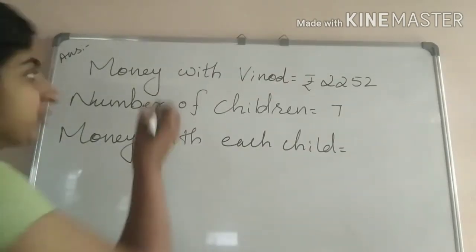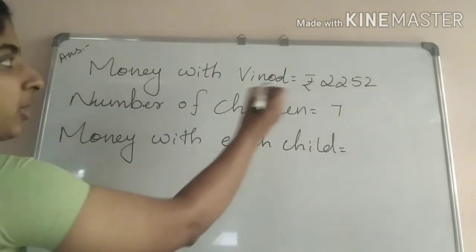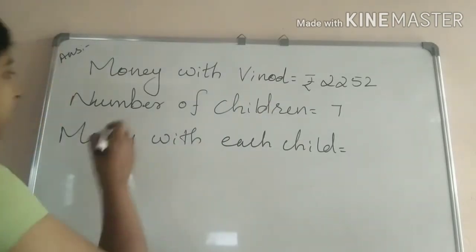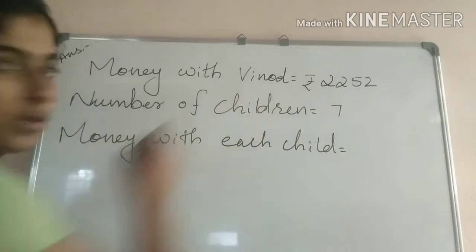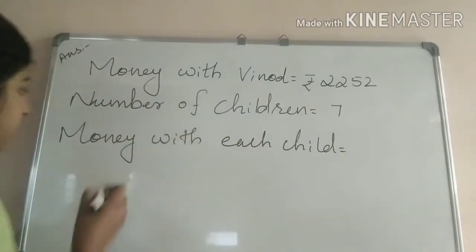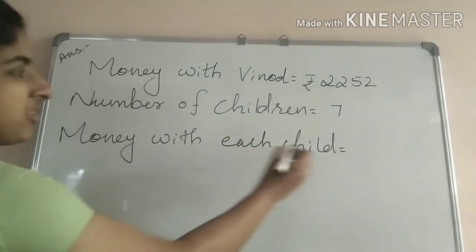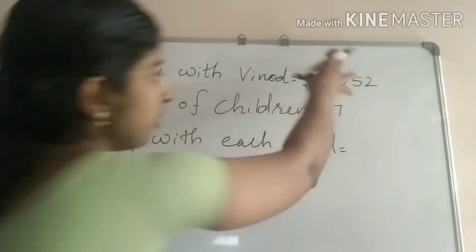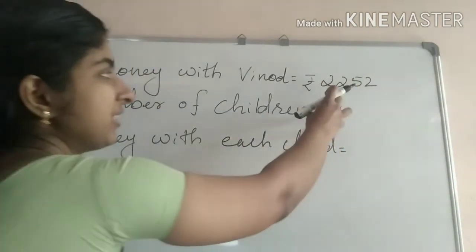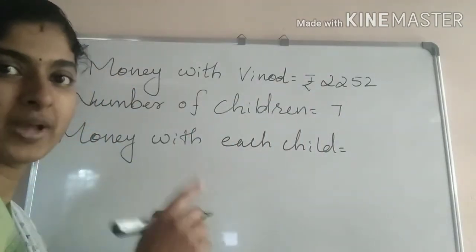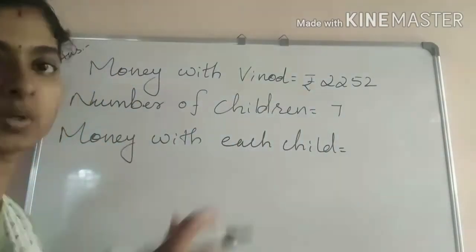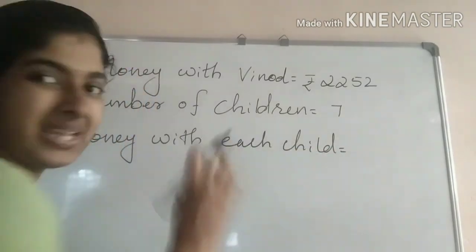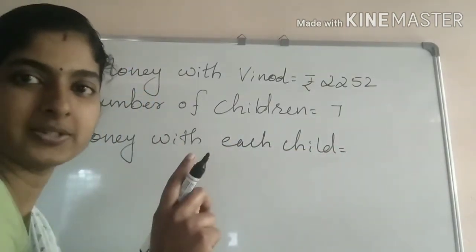See the steps. Money with Vinod is equal to rupees 2252. Then the number of children is equal to 7. Then money with each child is equal to, here the total amount is given and the number of children is given, we have to find one child.